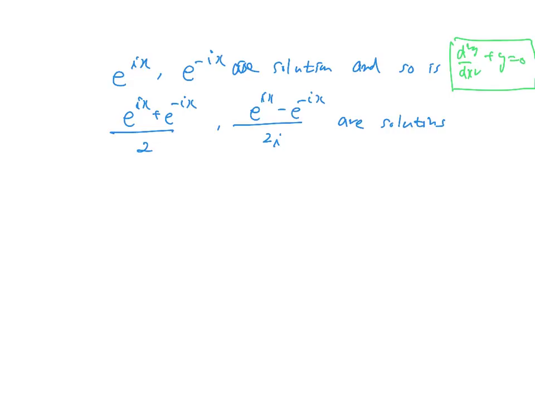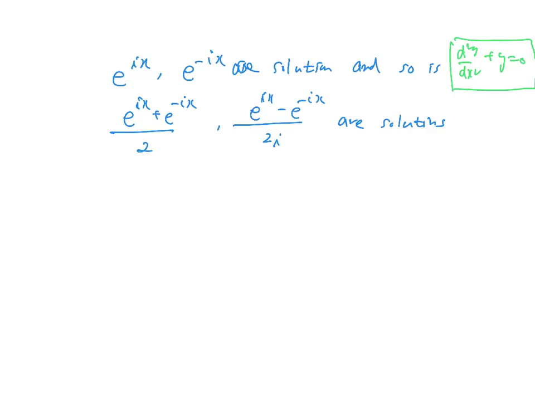So I'm going to take one particular combination, exponential ix plus exponential minus ix divided by 2. It must be a solution. And also possibly exponential ix minus exponential minus ix divided by 2i is a solution.